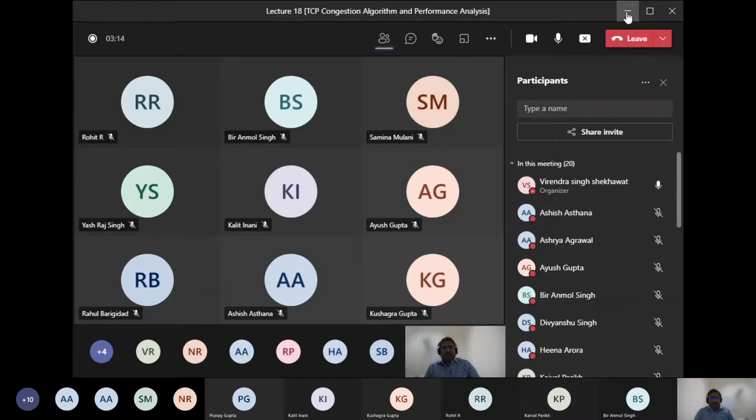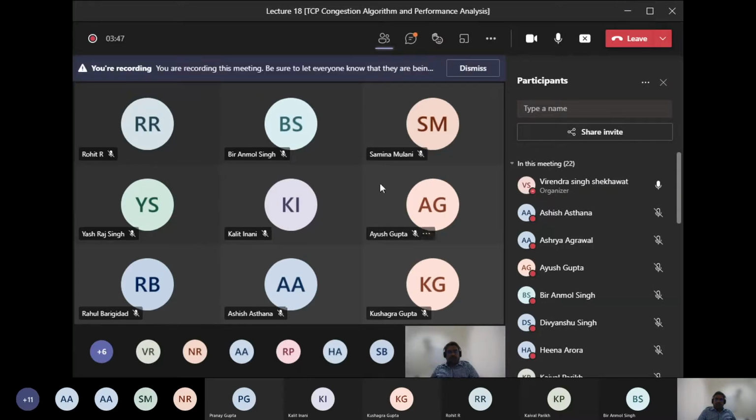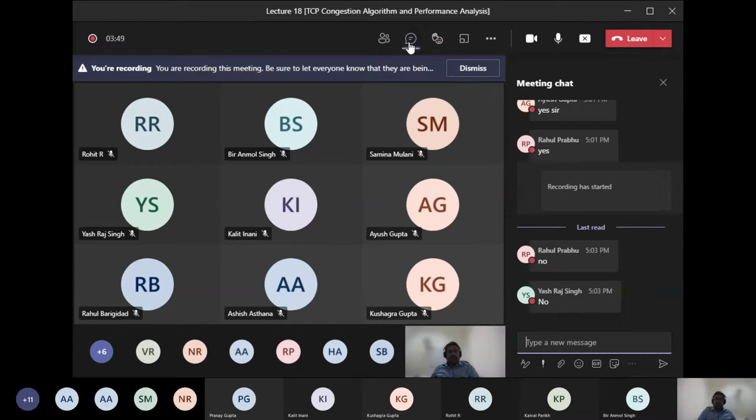Okay, so are you able to see the slides? Slides are not visible.